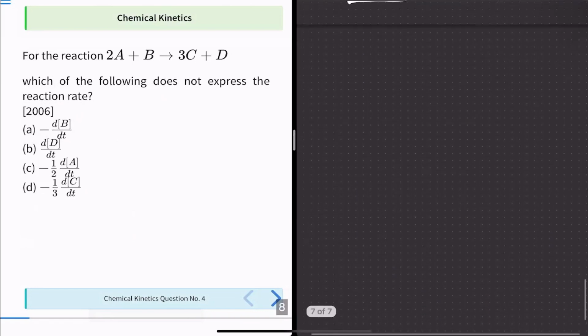So question number 4. For the reaction 2A plus B gives rise to 3C plus D, which of the following doesn't express the reaction rate?